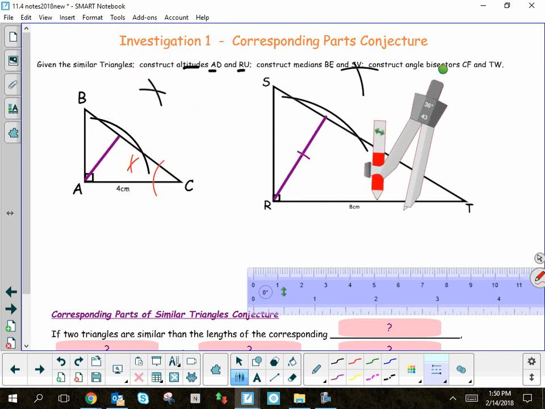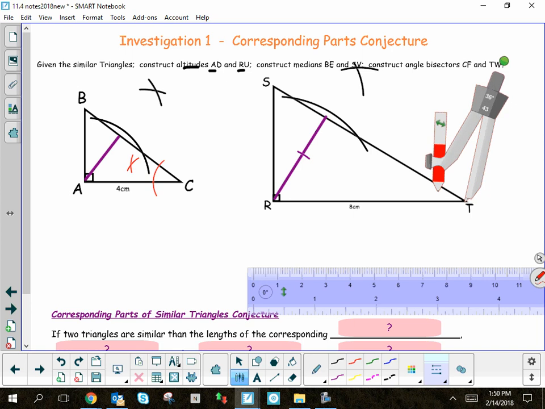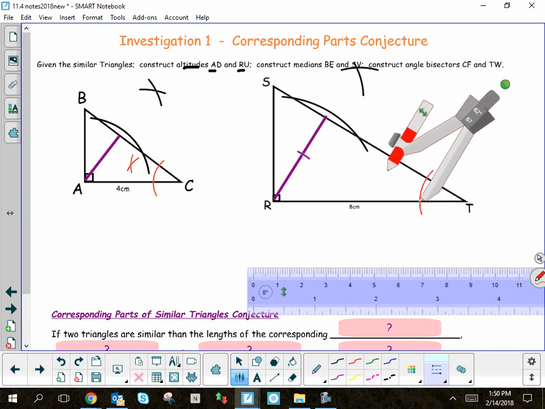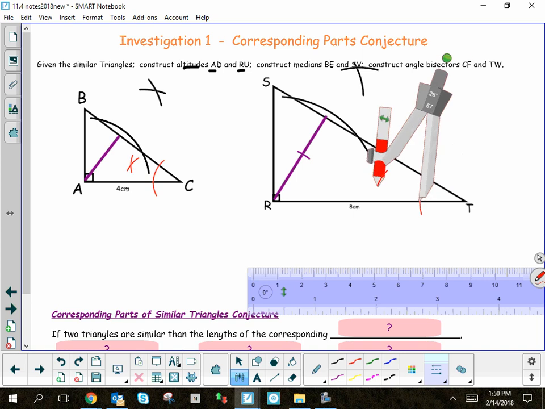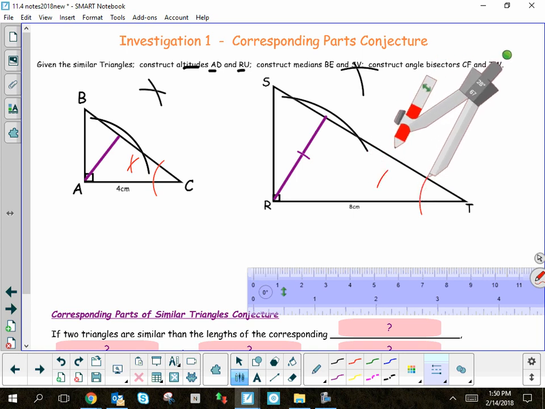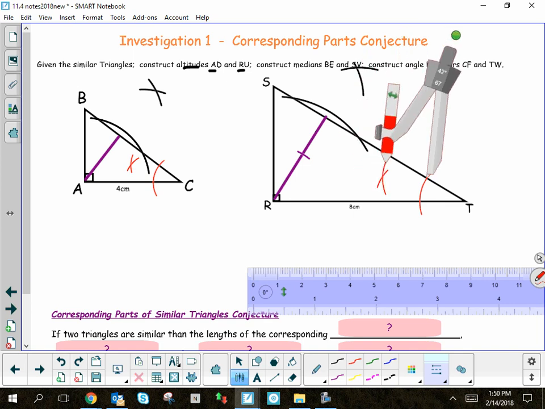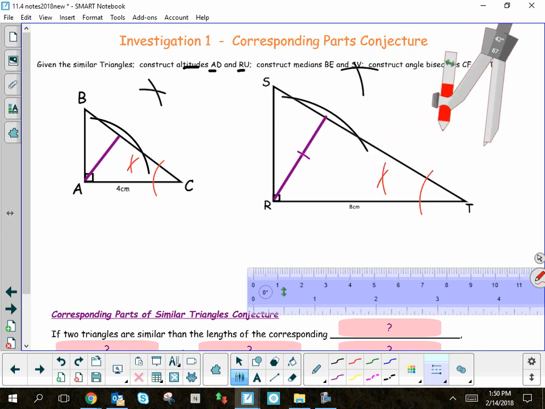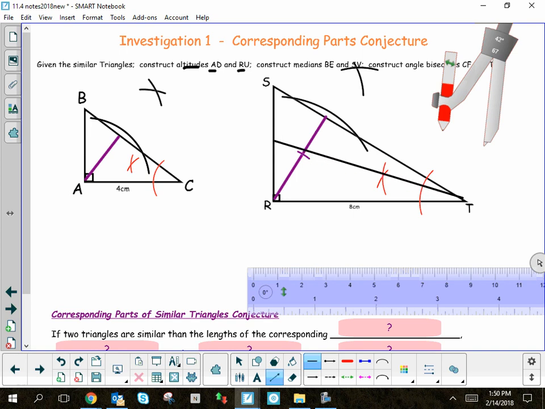And then let's go bisect this angle over here. Let's use our ruler and make that angle bisect.